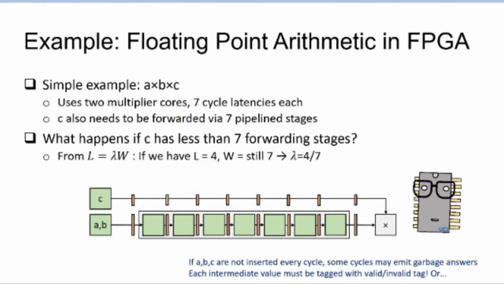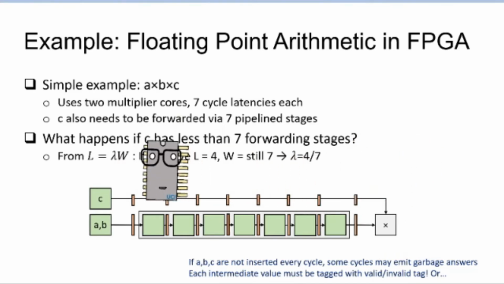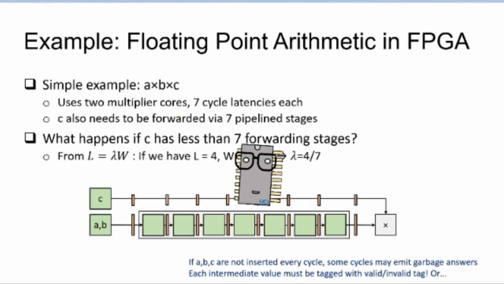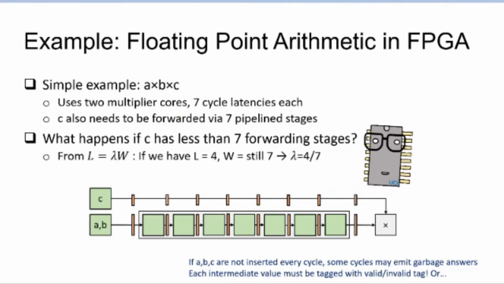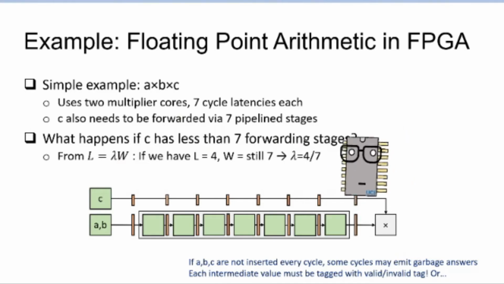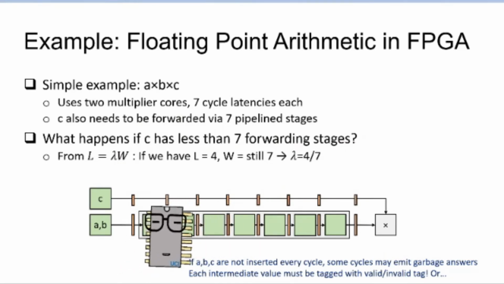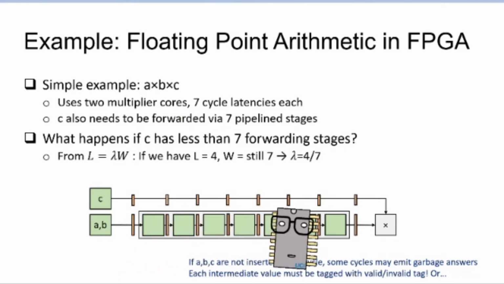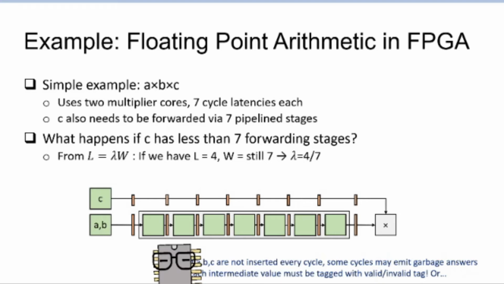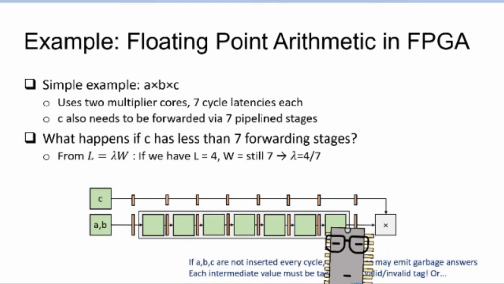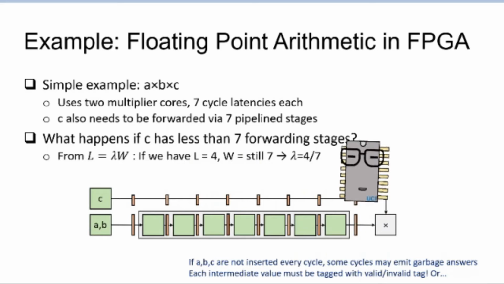to get maximum performance. What happens if the path for C has less than 7 forwarding stages? That's an interesting question, right? And that's where the Little's law stuff comes in. Say we only have 4 pipeline stages on C's path side. Of course, if we do that naively, the pipeline depth on this path and this path will no longer be matched.